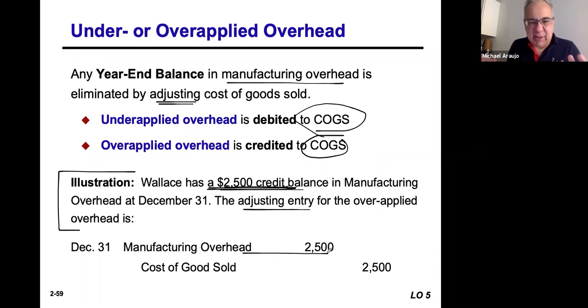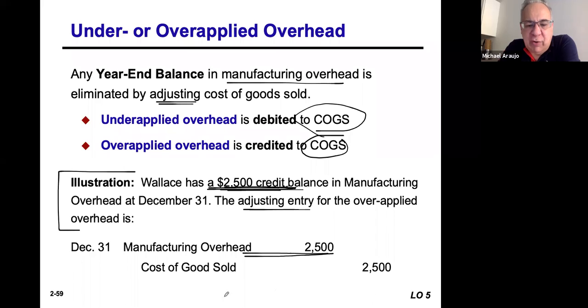A zero balance means the debit and credit side is equal. So if you have 10,000 in debits and 10,000 in credits, the balance is zero because your debit and credit side is equal. So if you have 2,500 in a credit balance in overhead, and you debit that 2,500, your balance will be zero.